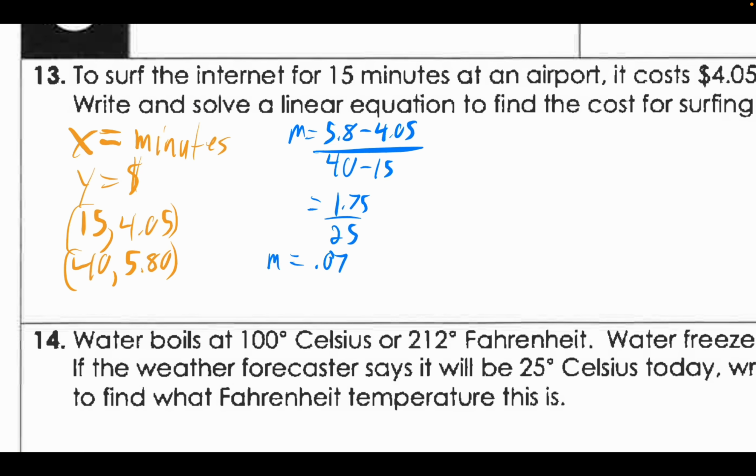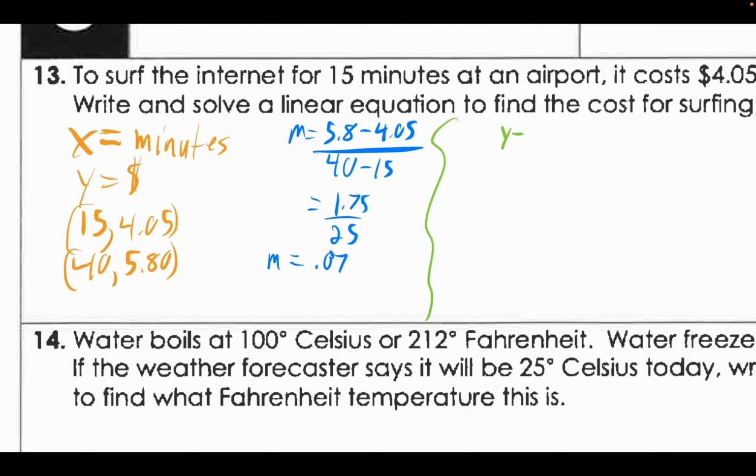And so now I take that slope and I pick one of my 2 points and I plug this in to point slope form. And I'm going to take the 40 minutes and $5.80 because I like that this is a multiple of 10, and I like that it has a decimal at 5.8 rather than 4.05, the tenths place versus the hundredths place. But if you picked 15 and 4.05, that'd be perfectly fine as well.